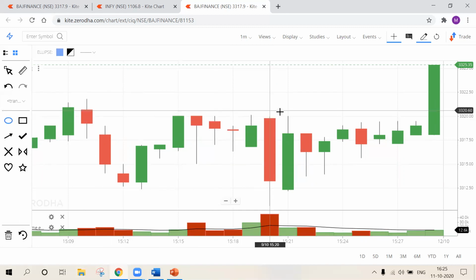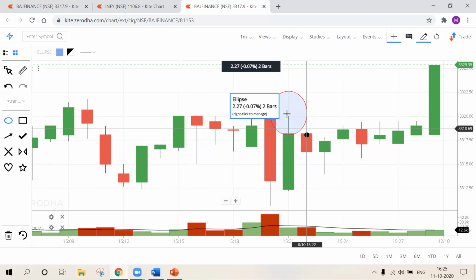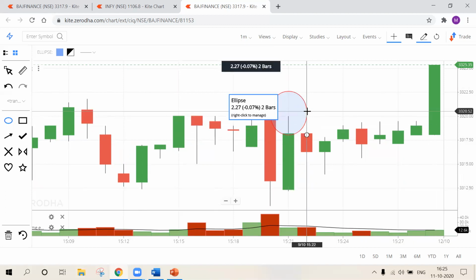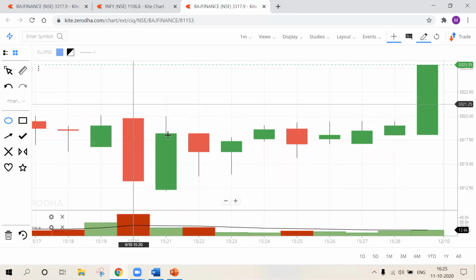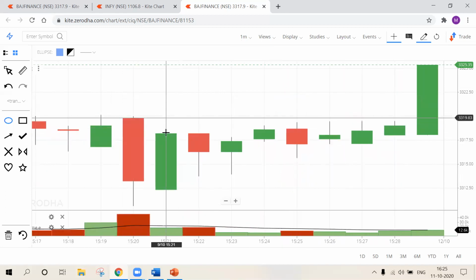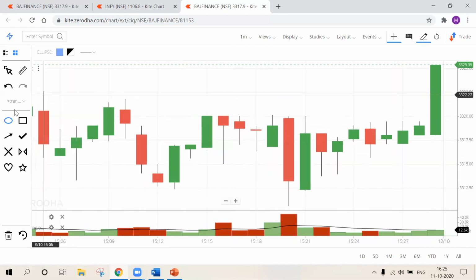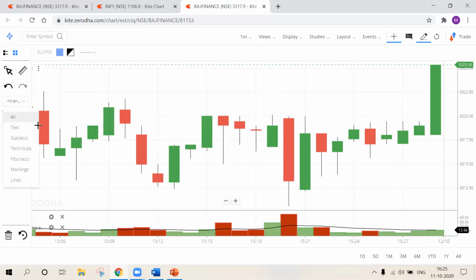Look at this part. It looks like a wick, a candle wick. So this empty part is called the wick of the candle, and this green color is called the body of the candle. Okay, remember the words, they're very important.